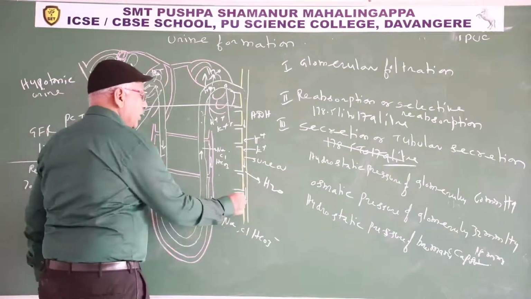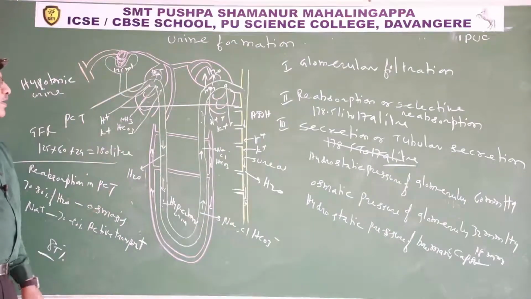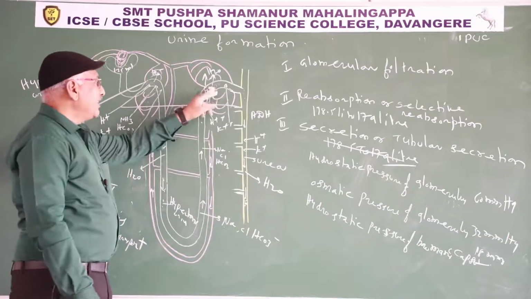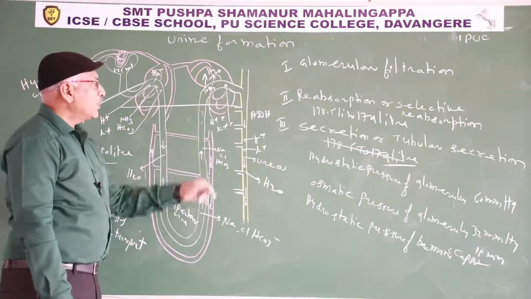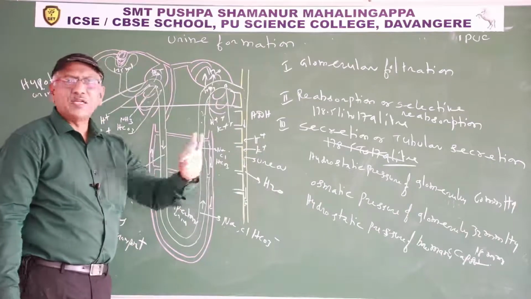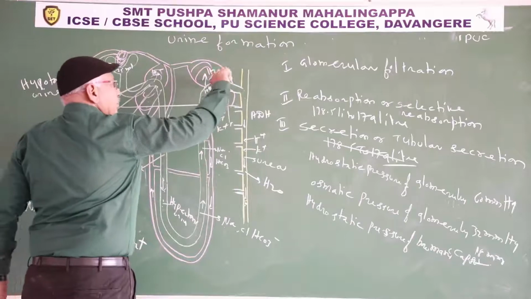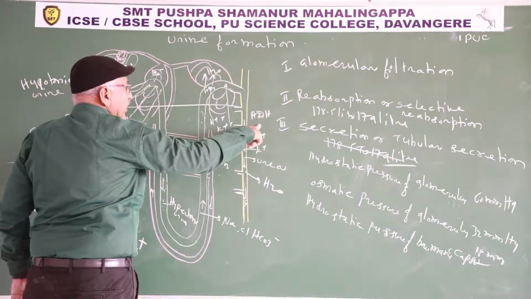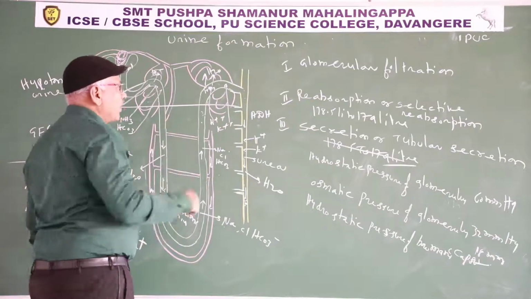For example, in one person, neither antidiuretic hormone nor aldosterone is present. At that time, what happens? In the ascending limb of loop of Henle, only hypotonic urine is present. The same hypotonic urine goes out. In presence of hormone, hypertonic urine. The concentration of urine is more when compared to body fluid.